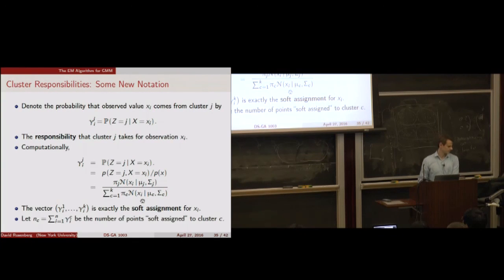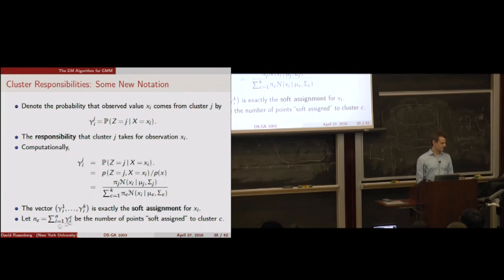Great. Okay. So let's write n sub c. n sub c is the sum of gamma ic summed over the points i. So this is the sum of the probabilities of each of the points being assigned to cluster c. That has another interpretation: a sum of probabilities of events is related to expected value.